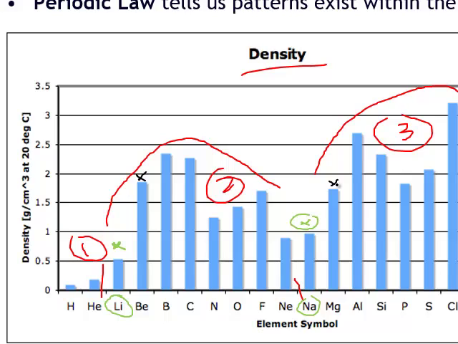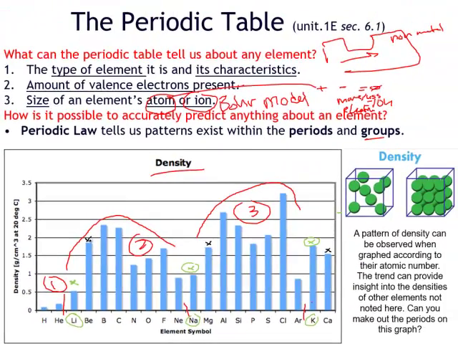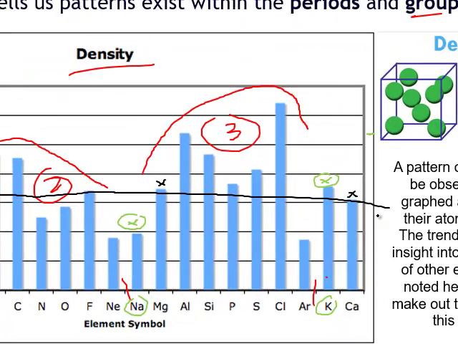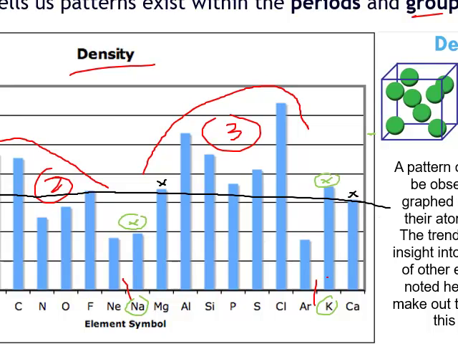Here's beryllium, magnesium, and calcium. This is weird because now these start to drop in density. So you might be able to predict that the next alkaline earth metal down the group, strontium, might be less dense. These are patterns you can look at based on periodic law.